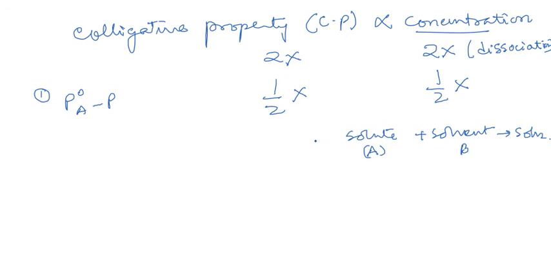Assuming the solute is non-volatile, which means it doesn't give vapor, if we add this non-volatile solute in a volatile solvent, the formula for the relative lowering of vapor pressure is something like this.